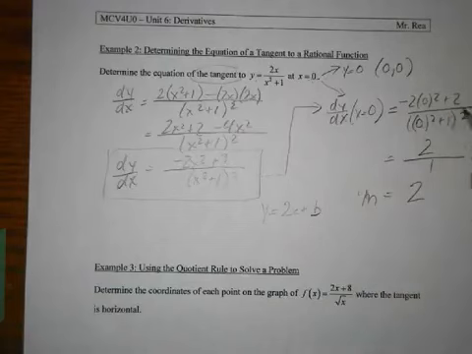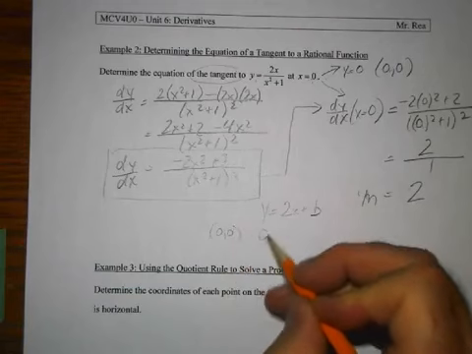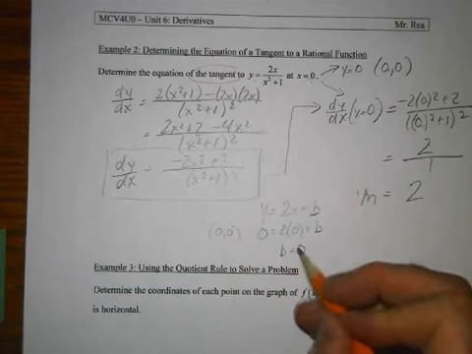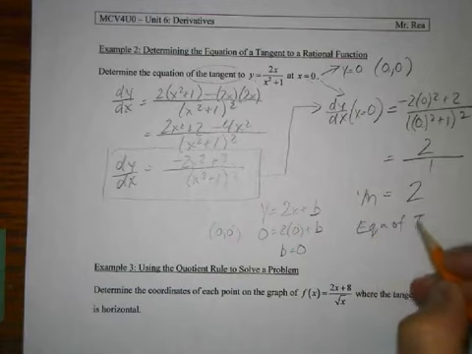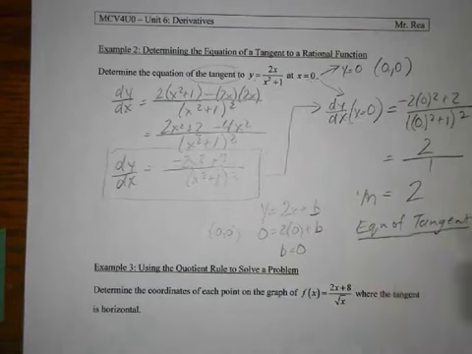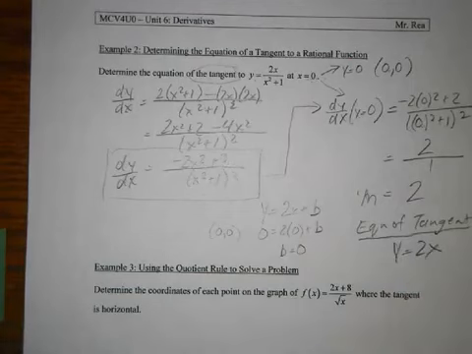And when we plug in our point (0, 0), we get 0 equals 2(0) plus b, and that obviously makes b equals 0. So the equation of the tangent, we just put our b value back in there, which is 0, is y equals 2x. Okay, and that's it.